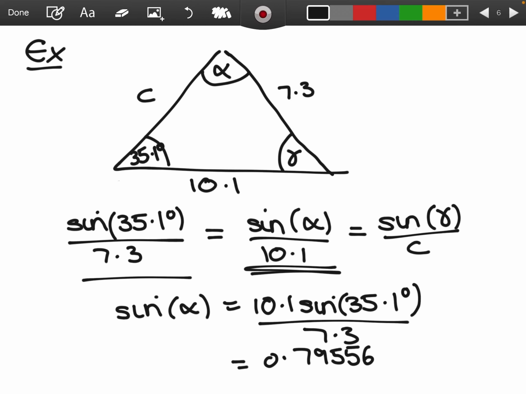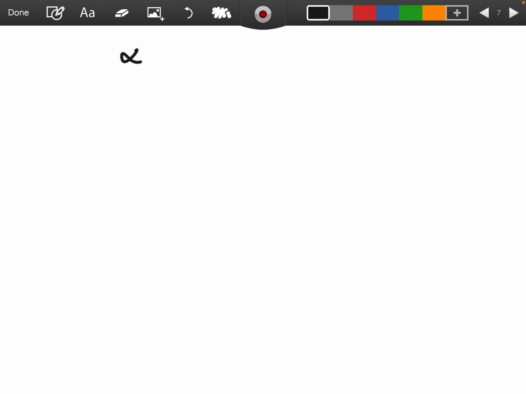So we know that we've got a value for sine that's within the correct range, so I can go ahead and find sine inverse. So if you do sine inverse of this value in your calculator, it will give you that alpha is roughly 52.7 degrees.